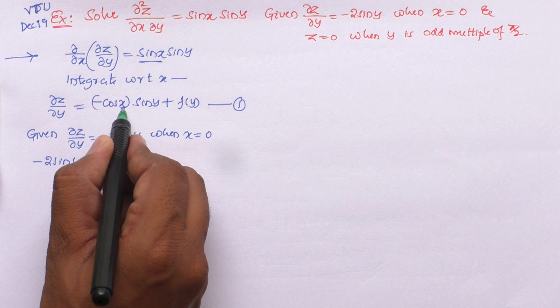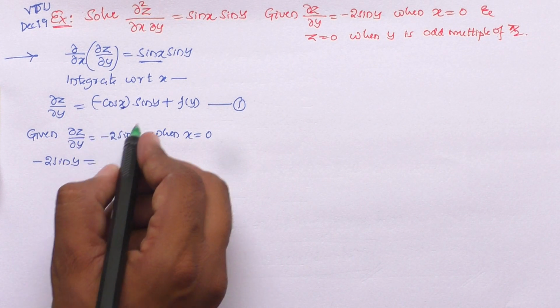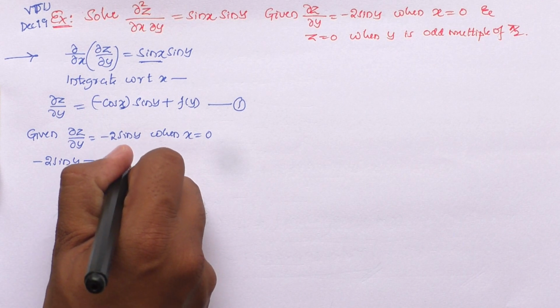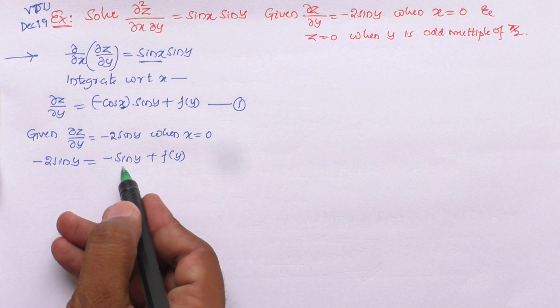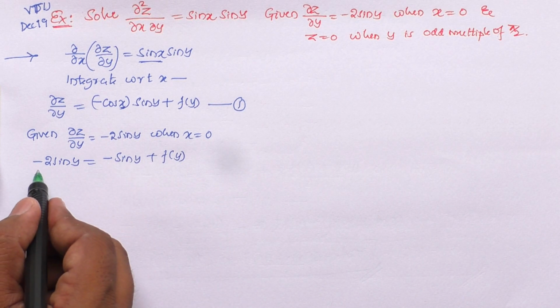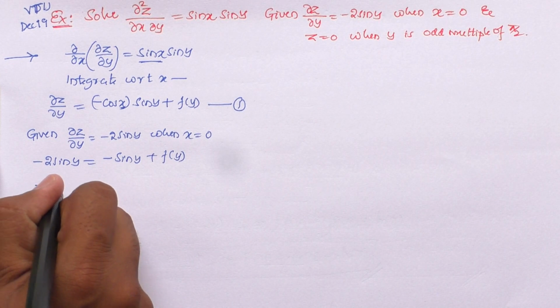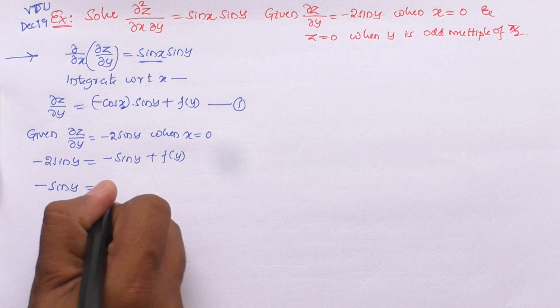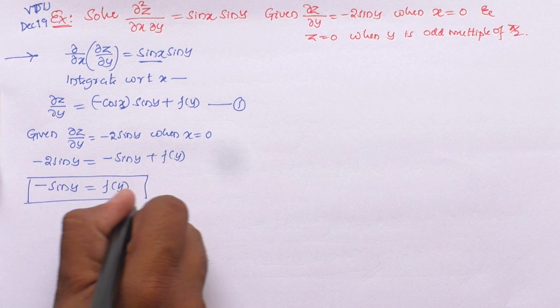Wherever x is there, put 0. So cos 0 is 1, and you will get minus sin y plus f of y. Now take minus sin y to this side: minus 2 sin y plus sin y is minus sin y. So f of y we get as minus sin y.